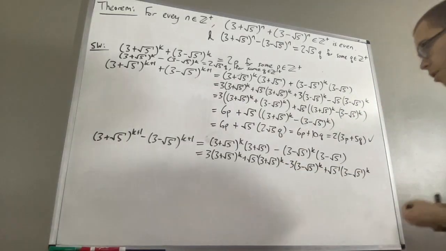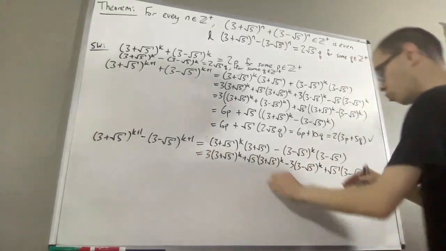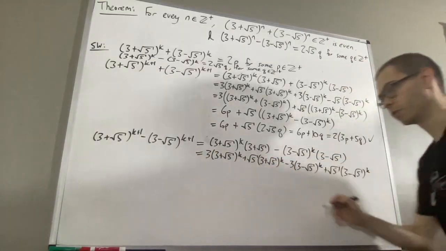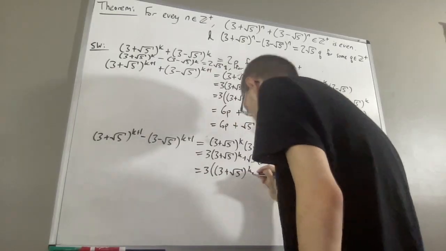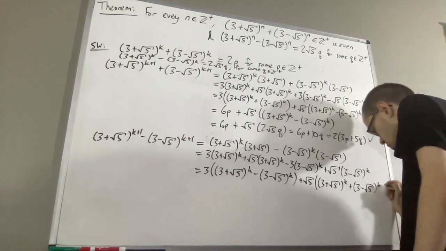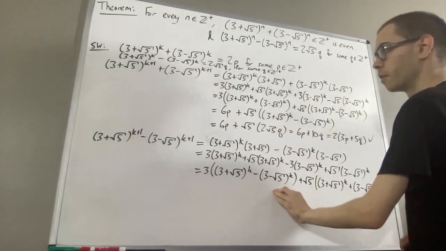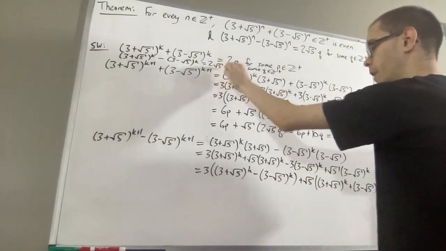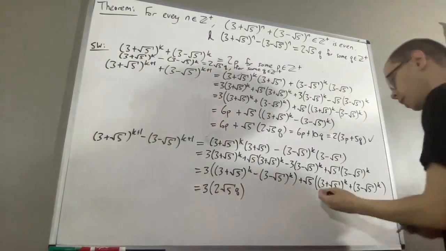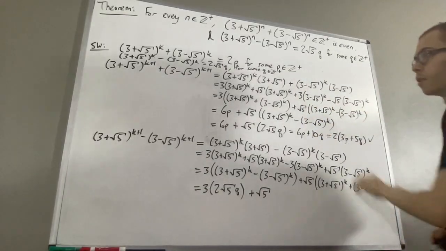So you got to keep track of that, but distributing this guy across the parentheses, we get this. So then, once again, we group the terms that have 3 in it, factor out the 3, group the terms that have square root of 5 in it, factor out the square root of 5. So we get this. Then we substitute this guy for 2 square root of 5q, and as for the next guy, we substitute this guy for 2p.